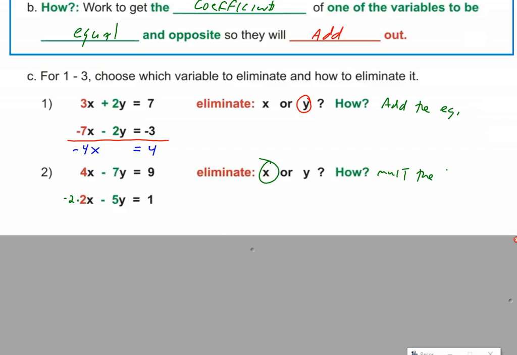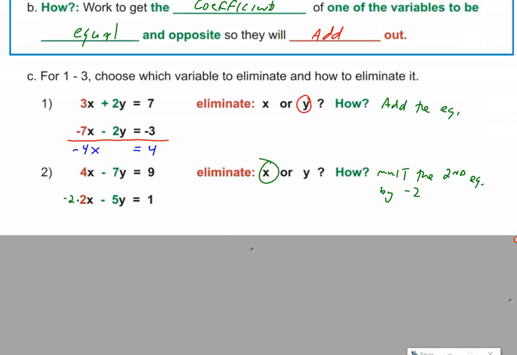Multiply the second equation by negative 2. It's the same concept as unreducing a fraction. If I had 3/4, could I multiply the top and bottom by 2? I can. I get 6/8. Isn't that still 3/4? You can do that with an equation.